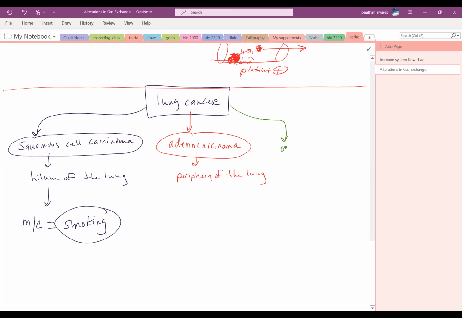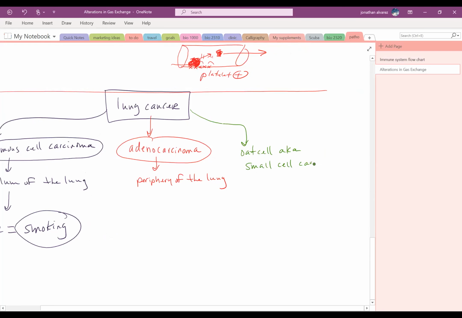Oat cell, also known as small cell carcinoma. This one is usually found in the central bronchus area.